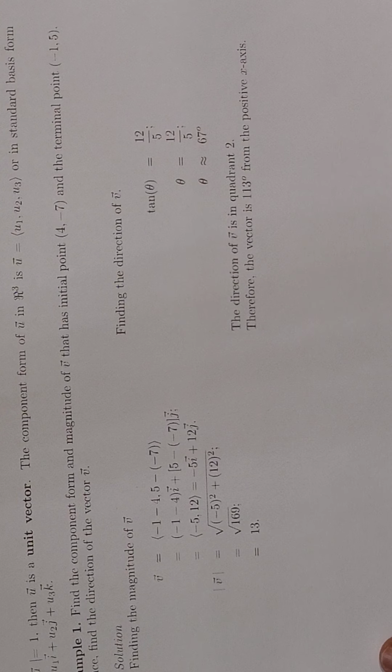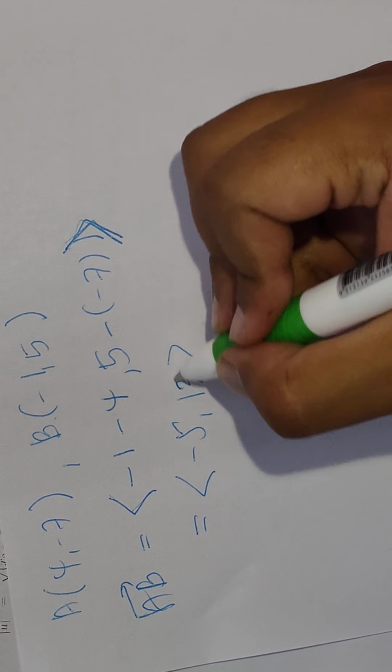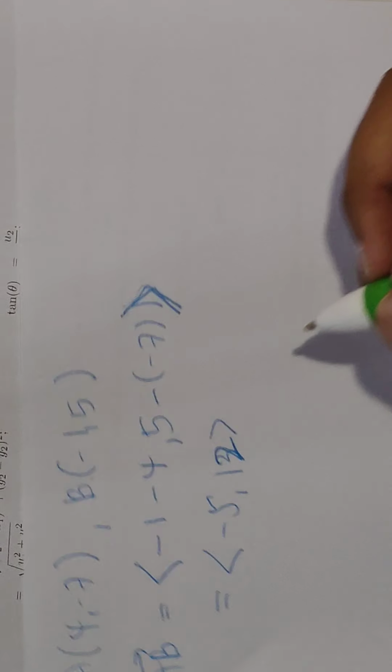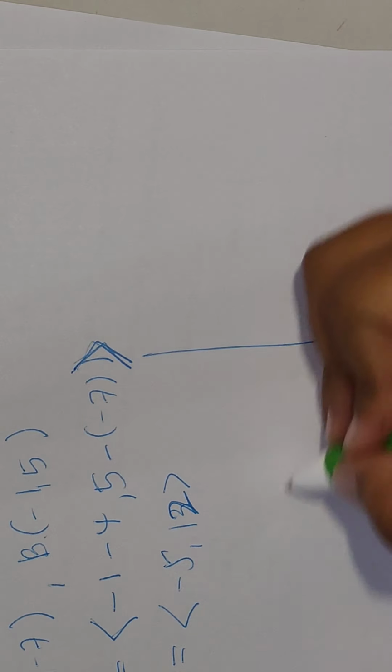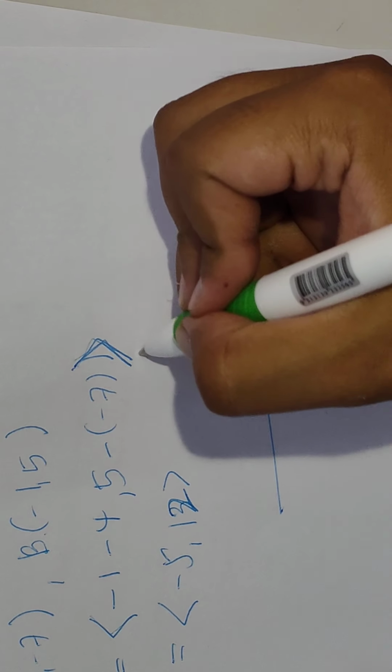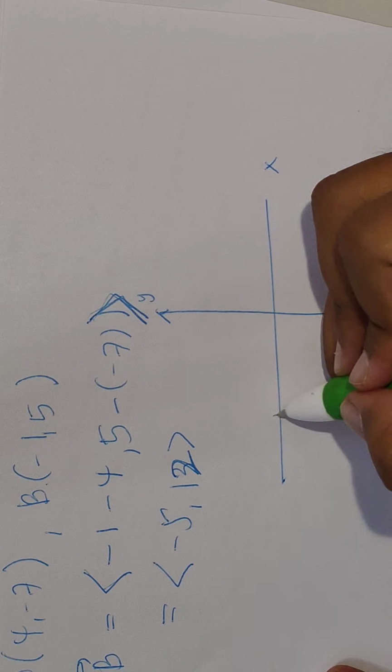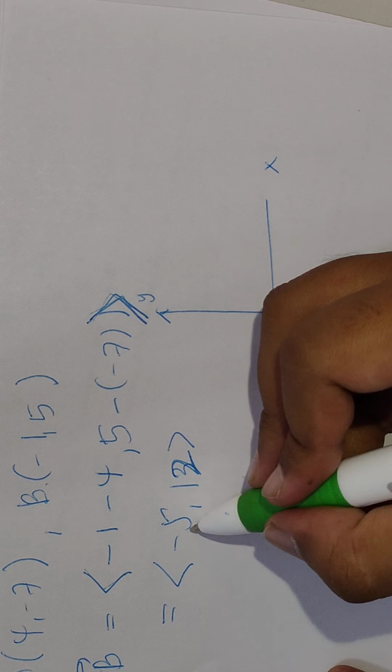Right? That's how you get -5 and 12. Oh, sorry, it's 12. It is 12. Okay. If you draw the vector, let's say this is x, this is y component, x component, -5, let's say we assume it's here because it's negative.